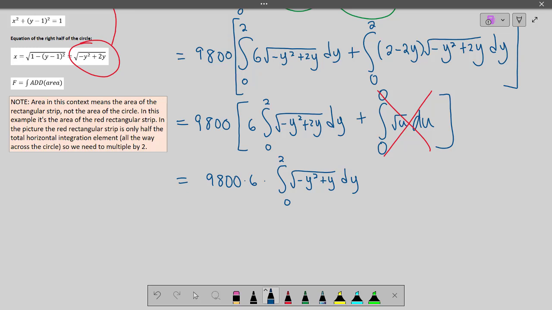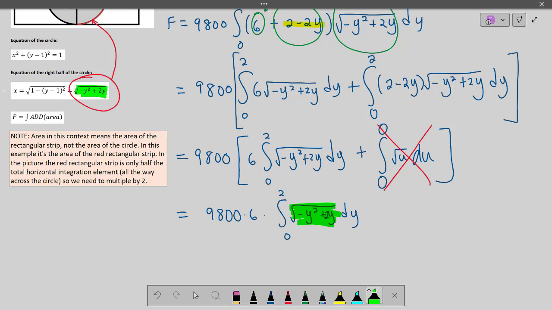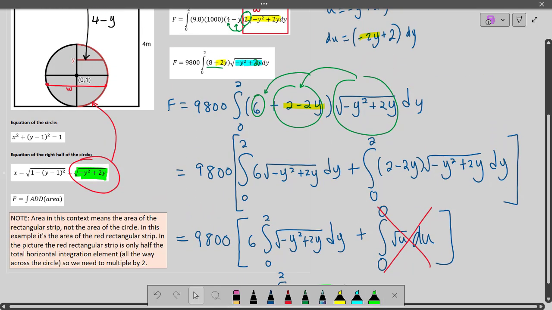That is the right half of the circle of radius 1. It should be 2y, shouldn't it? Yes, it should. In here, there is a 2. Thank you. Good catch. So that function right here is the right half of the circle.